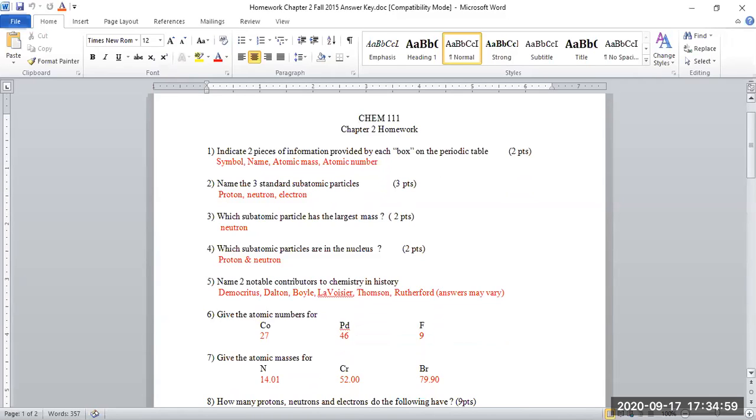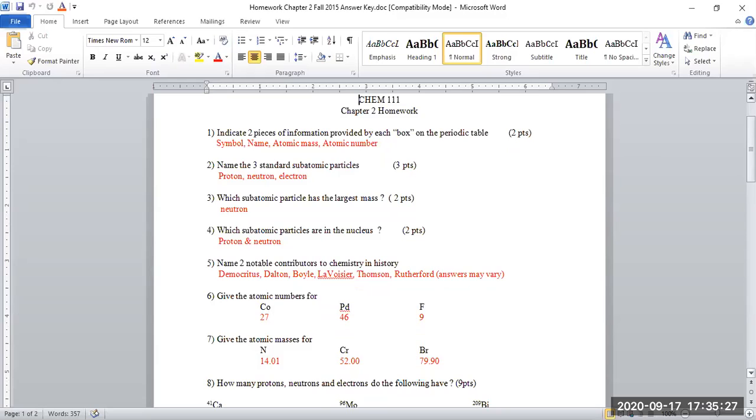Depending upon which version of a periodic table, there might be a couple of additional things. So symbol and name, atomic mass, atomic number. Some types of periodic tables have things like isotopes or oxidation numbers. Those 4 listed are probably the most common ones that you will see.